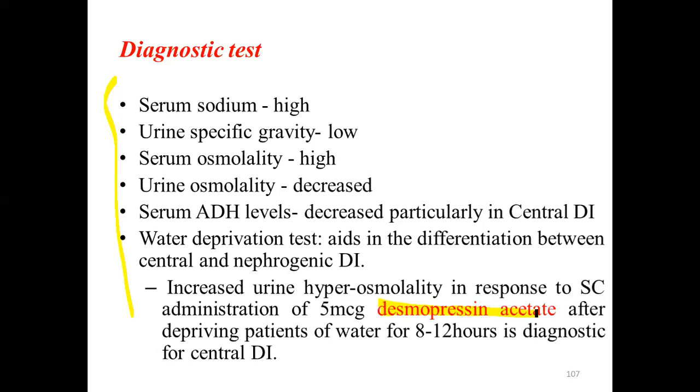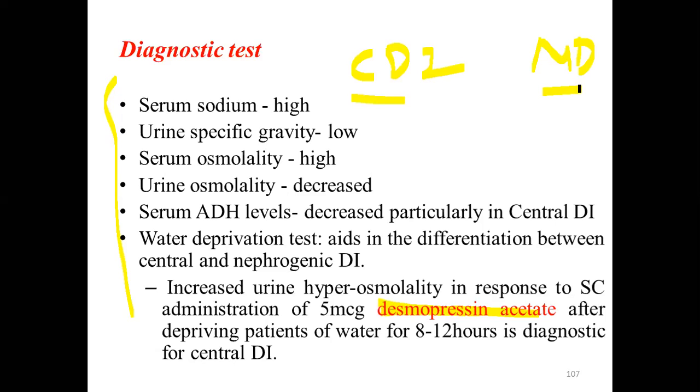Is that correct? Yes. While in the other one, you don't see any effect. Let me say this is central DI and this is nephrogenic DI. Remember you know the difference between the two: one is deficiency, the other one is resistance.